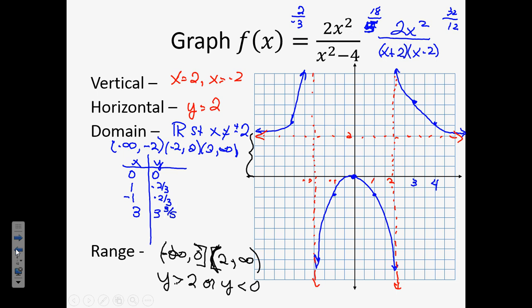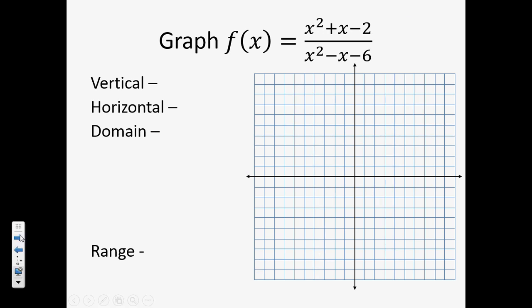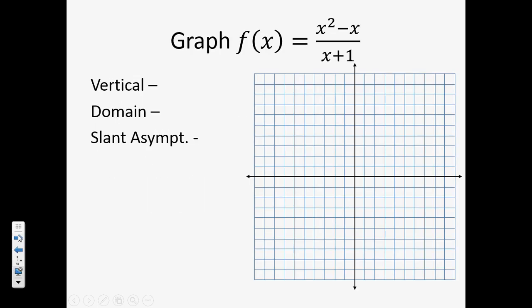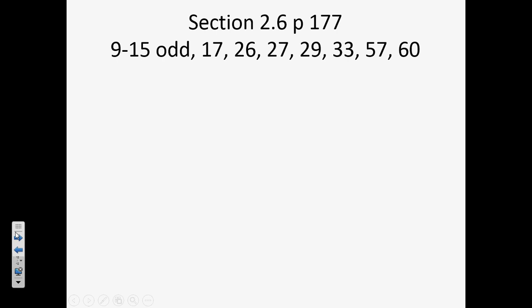Okay, so next one, sorry about that. First step, simplify. Okay, so I'm going to give you the assignment. We'll come back and look at the slant ones. So do what you can with these, okay?